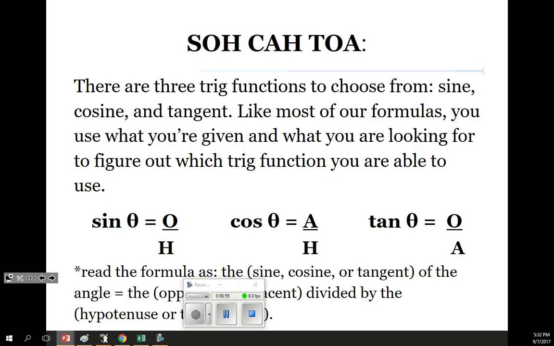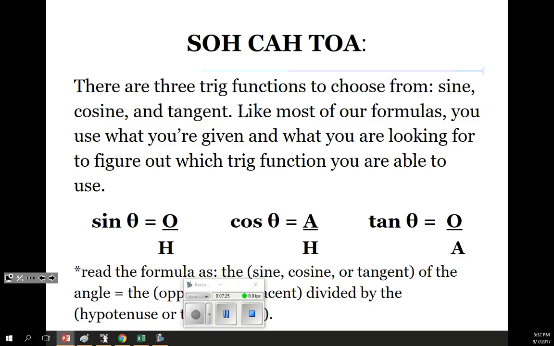SOHCAHTOA or trig comes into play when we are given an angle and one side. So here we have the trig functions of sine, cosine, and tangent. And just remember, when we are given the length of one of the sides of a triangle and an angle, we can use one of these three.